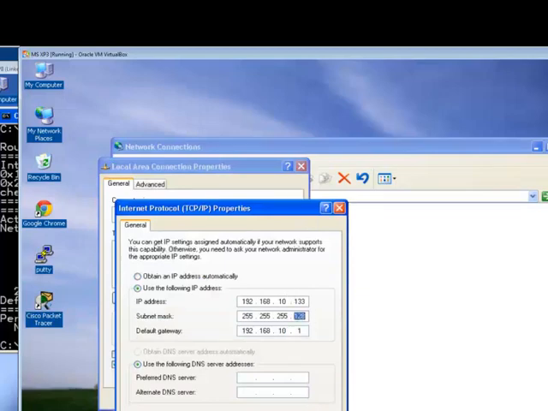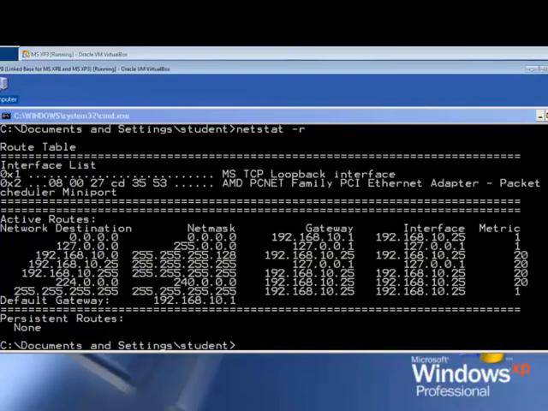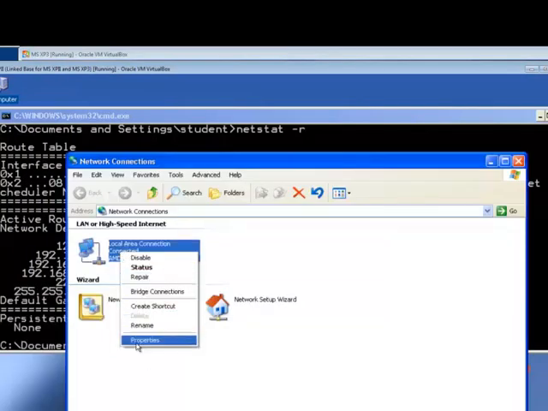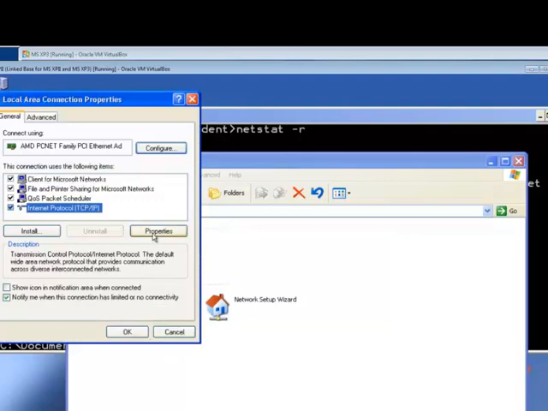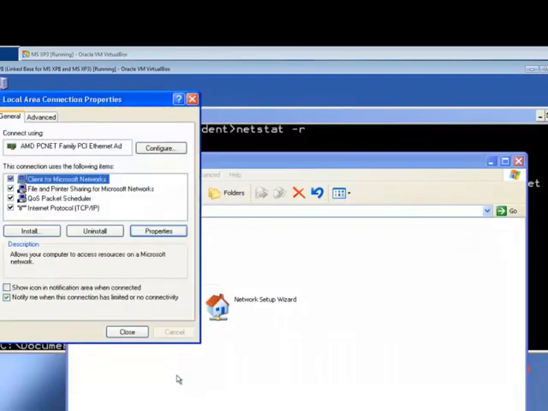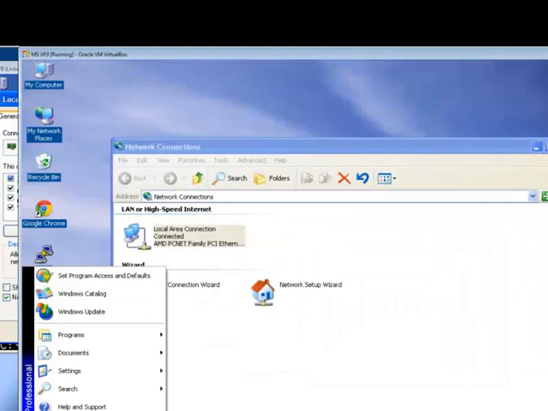So back to 0. Once again, that's the only thing I'm changing. Back on this one. Back to 0. Flick back over to this client.